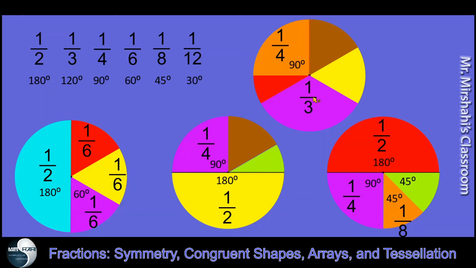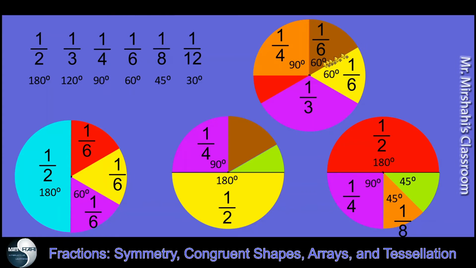Okay, that's a third. These two together are a third, and it looks like that. Do you see that? Do you see these two are the same as these two? So these are 1/6 each. They should be 60 degrees if you measure this angle here and this angle here. So that's 60 degrees as well.